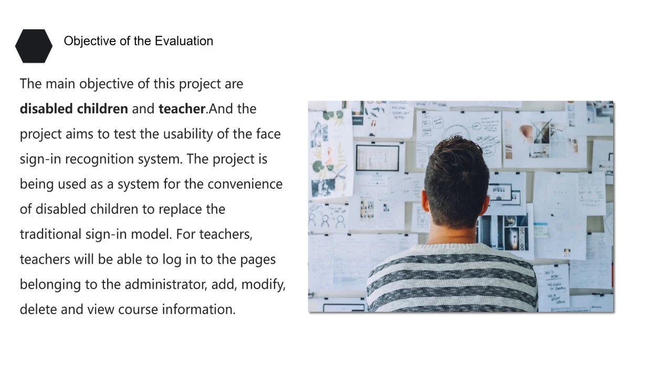The disabled children just need to upload their information, and after the teacher clicks the collect page, they just need to stand in front of the camera. The teachers will be able to look in the pages belonging to the administrator: add, modify, delete, and view course information.